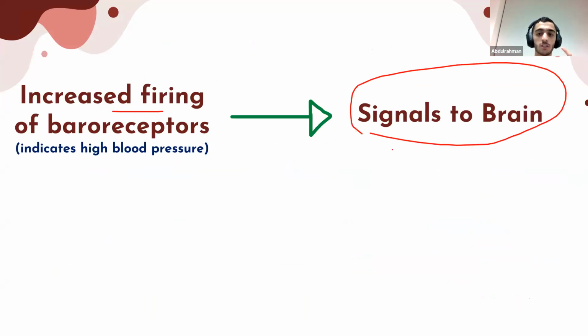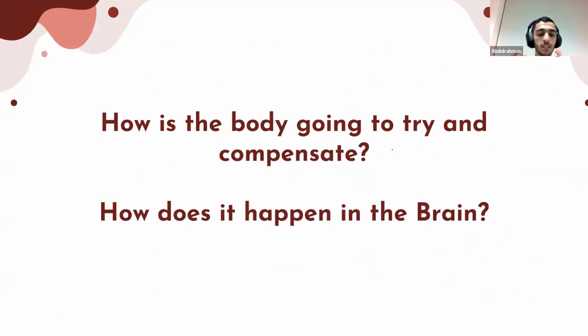Now this is what we're going to discuss in this part. What exactly is going to happen in the brain and how exactly is your body going to try and compensate? Now this first part is a question for you guys. If the baroreceptors were firing so much, so increased firing, this is an indication of increased blood pressure. What is the compensation that we look for? What are the changes that we're trying to achieve?